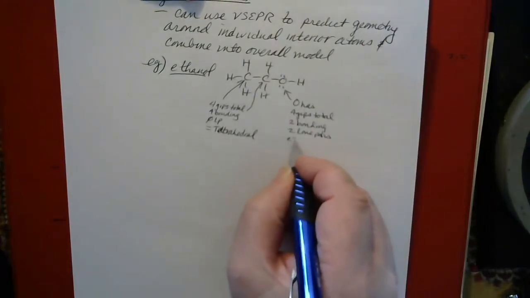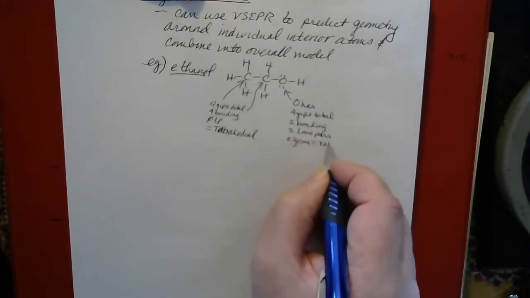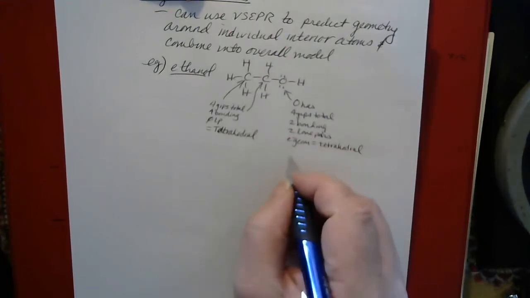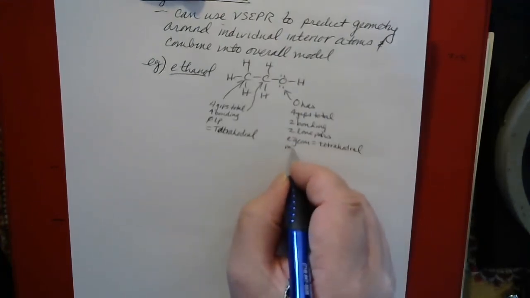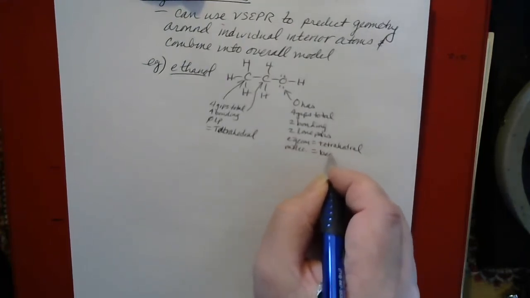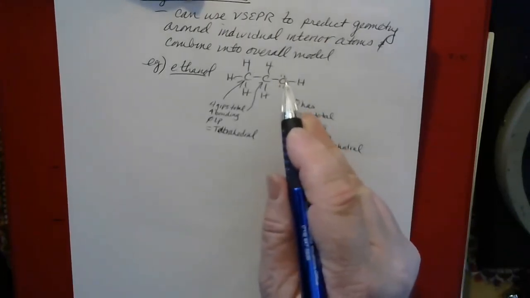And so what that means is the electron geometry is tetrahedral, but the molecular geometry would be bent around the oxygen.